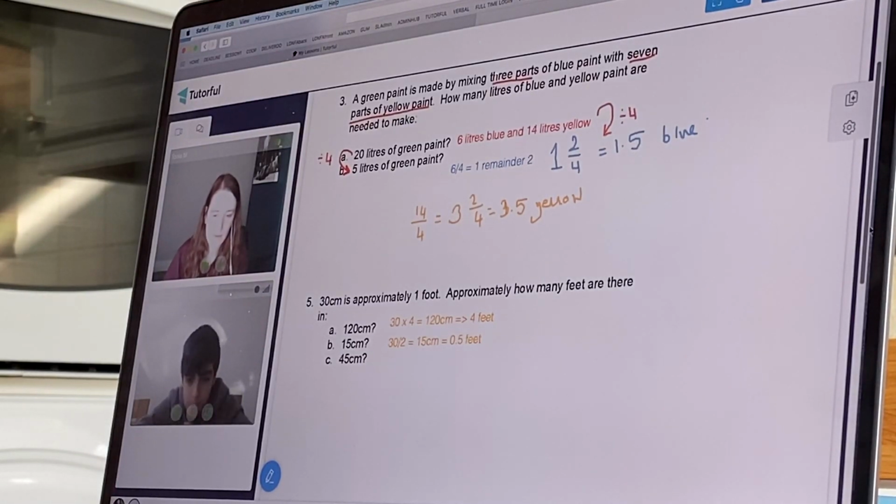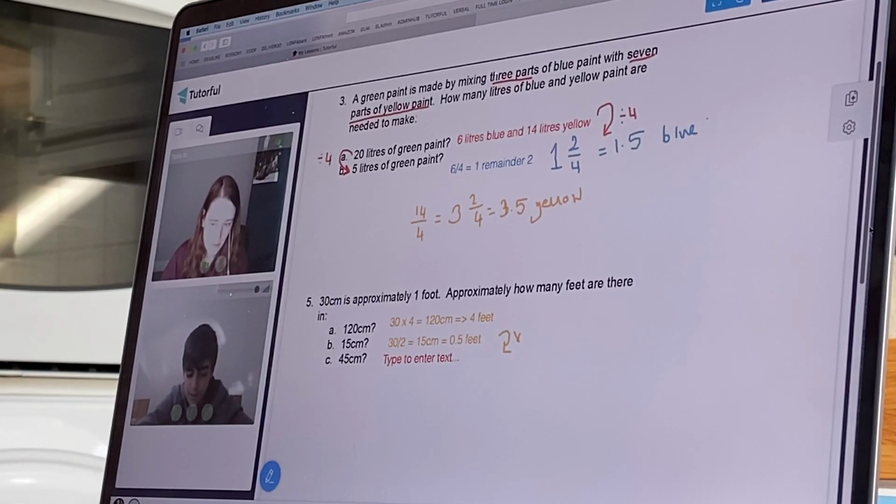45, what do we do now? You can either go from the beginning and use the 30 centimetre bit, or we can use the 15 centimetre thing that we just worked out. The 15, so 0.5, yeah. And then we need to go to 45, so 15, 30, 45. So 3 times 15 goes into 45.